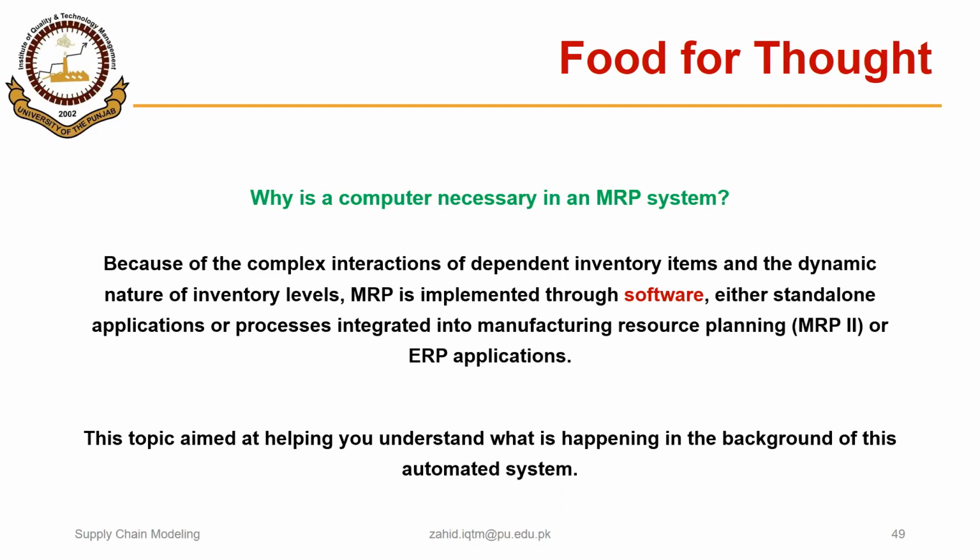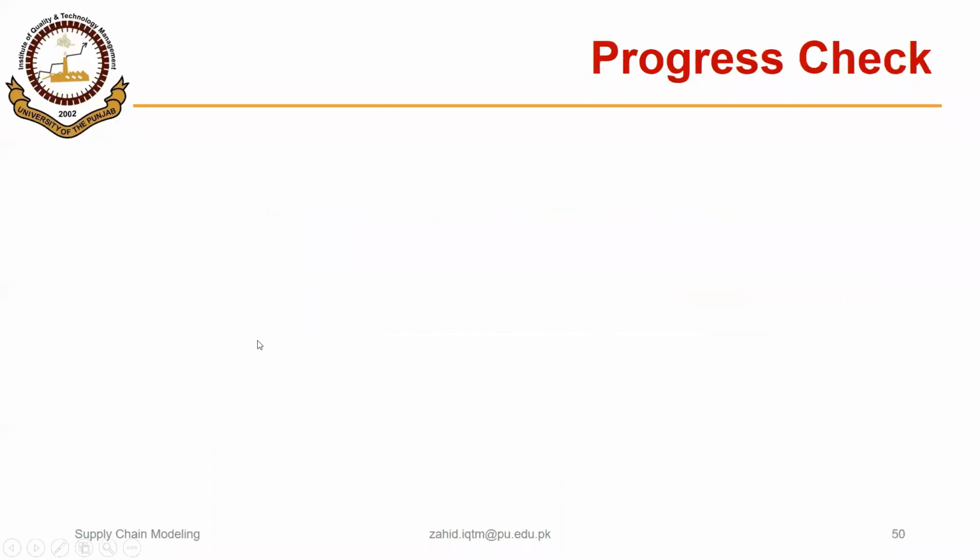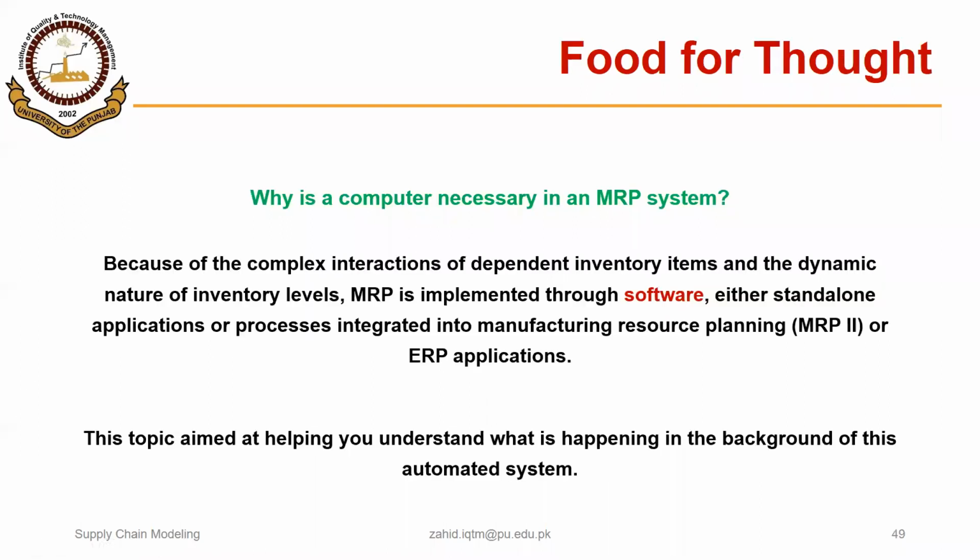This topic aimed at helping you understand what is happening in the background of this automated system. We were focusing on the logic of MRP that is actually implemented in these software packages, so that you can use these packages, plan better, and effectively use these software applications. Thank you.